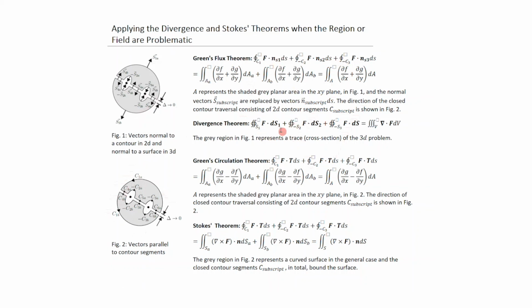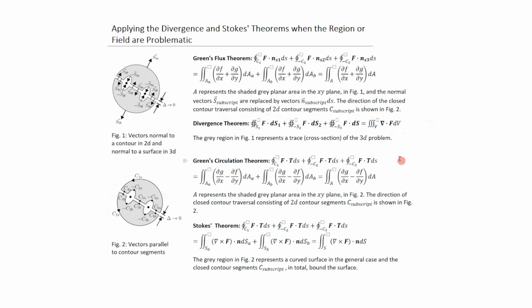So you'd have F dot dS1 plus, again, this would be in the opposite direction, minus S2, or you could write this as S2, and then you have a minus sign out front. Similarly here, you could write this as S3, in which case you put a minus sign out front here. And this would be equal to the divergence of the vector field over the volume. Volume meaning everything excluding the little region which you've isolated, which is hollow.